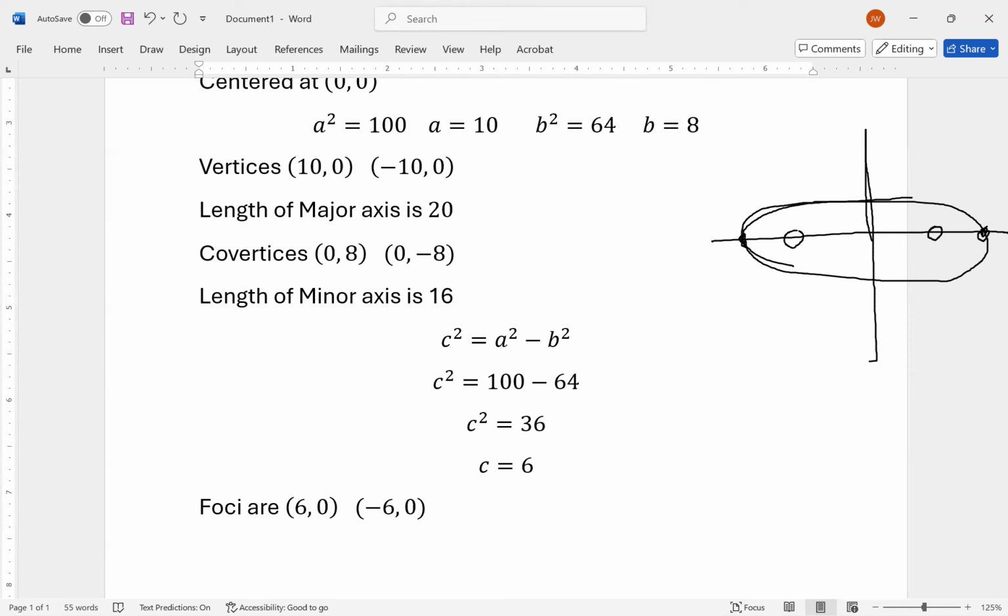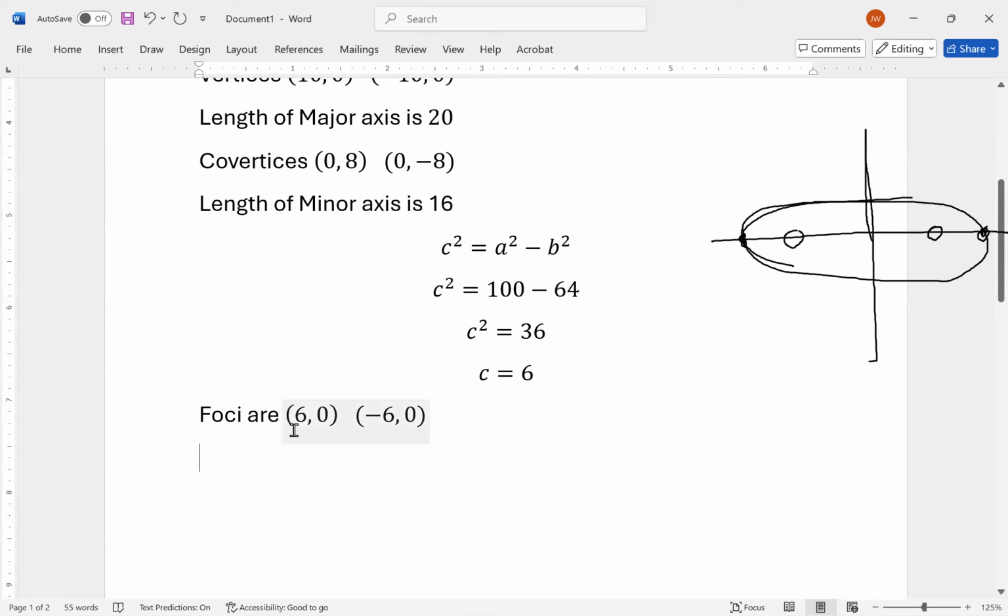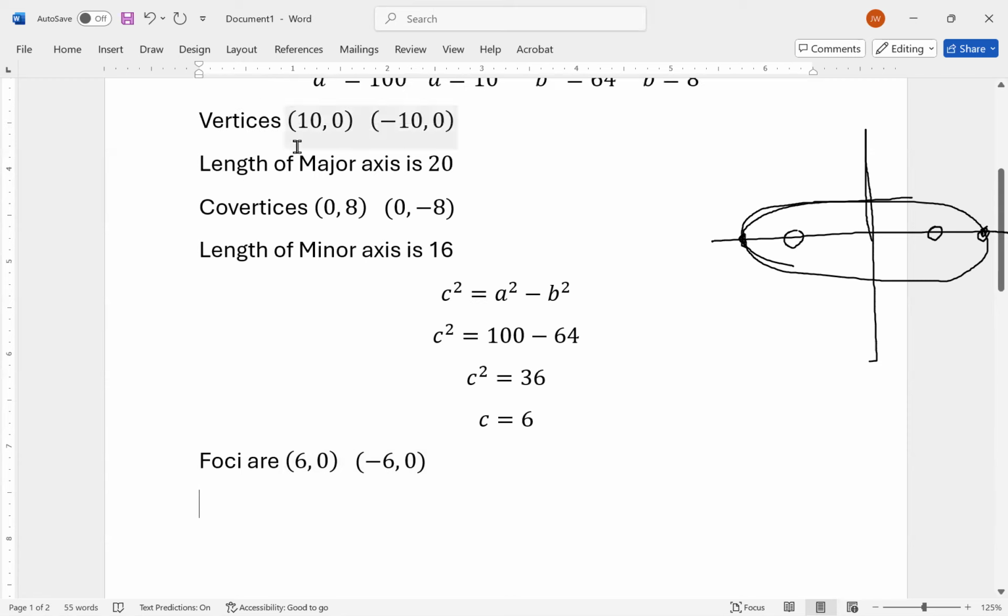The distance between the foci is just double 6. Just like the length of the major axis is double the a, the length of the minor axis is double the b, the distance between the foci is just going to be double the c. In our case, it's 12.